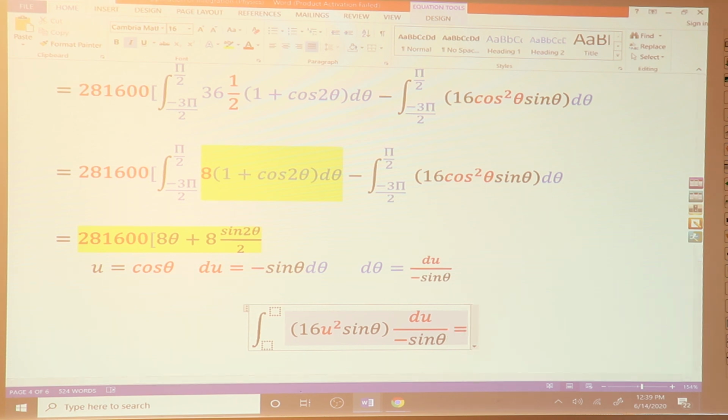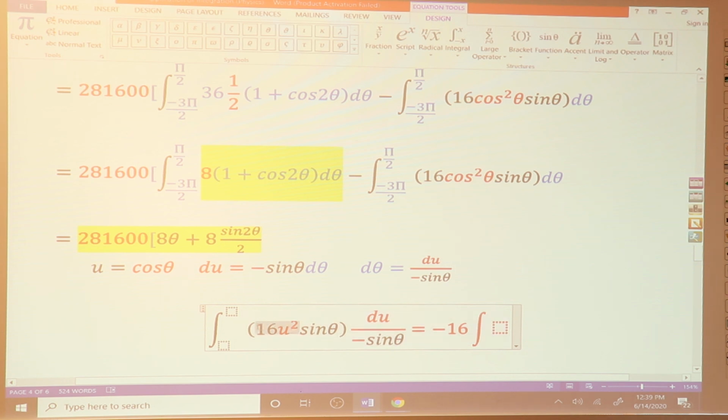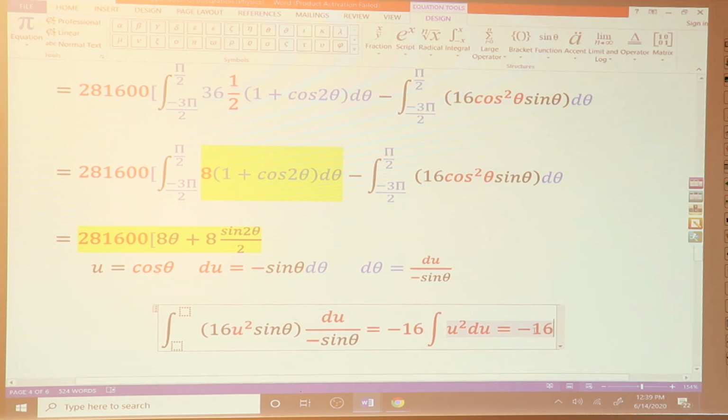This is equal to negative 16 times the integration of u squared du, which is equal to negative 16 u cubed over 3.